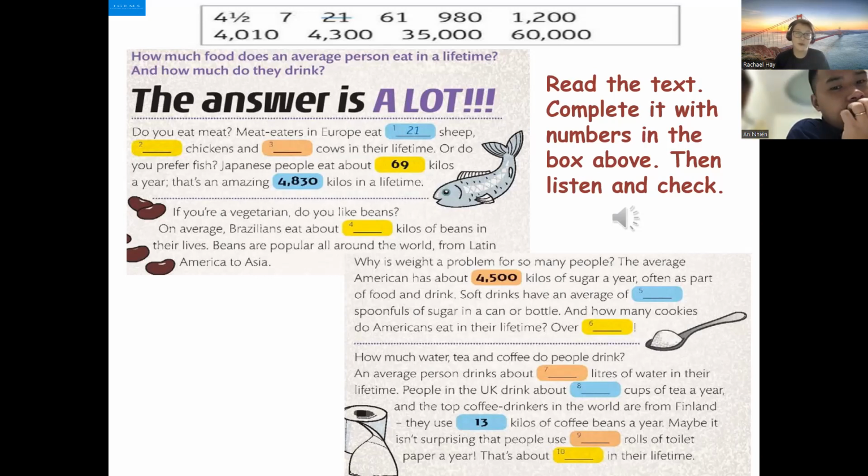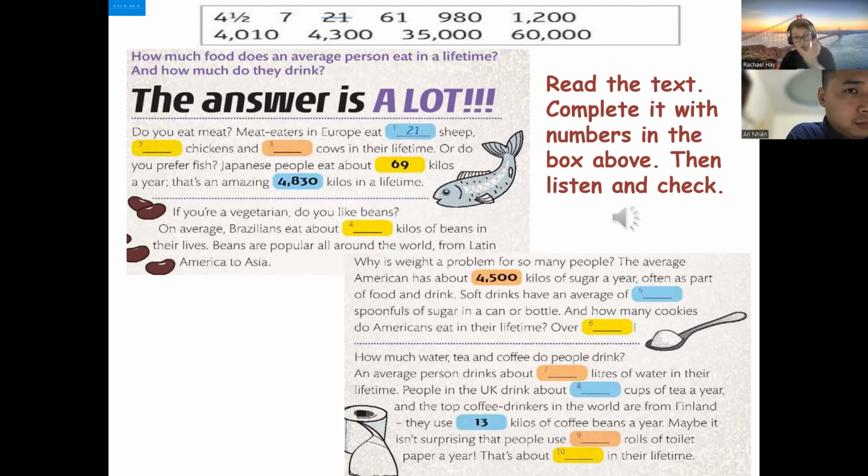Okay, how much food does an average person eat in a lifetime? And how much do they drink? The answer is a lot. Do you eat meat? Meat eaters in Europe eat 21 sheep, blank chickens, and blank cows in their lifetime. Or do you prefer fish? Japanese people eat about 69 kilos a year.